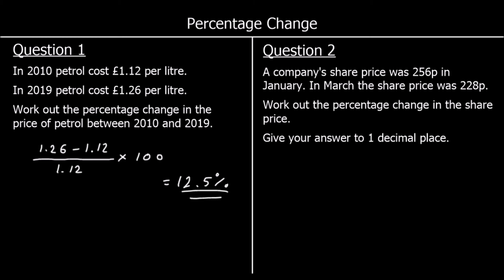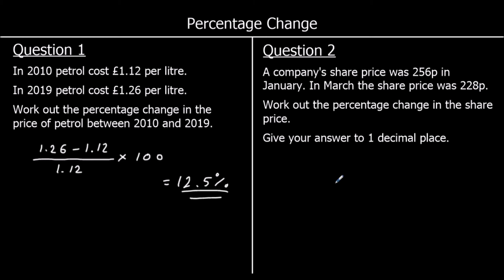And question 2. A company's share price in January was 256p. In March, the share price was 228p. Work out the percentage change in the share price. Give your answer to 1 decimal place. So we're going to do change over original times 100.